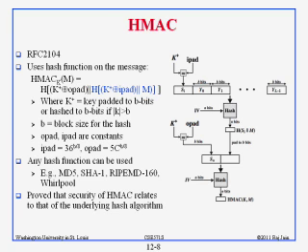Then iPad is a fixed constant. iPad is the number 36 repeated B by 8 times. B is the number of bits, 512. B by 8 is 512 divided by 8, which is 64. 64 times 8 is 512.